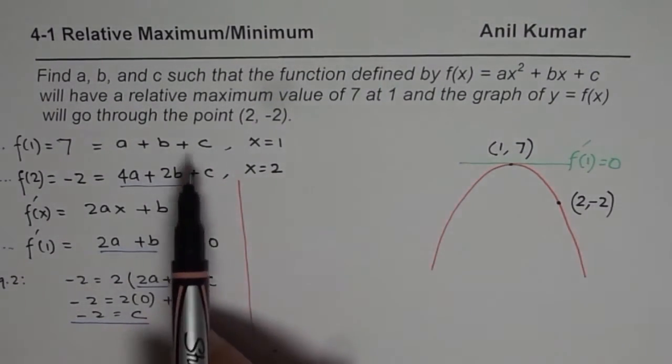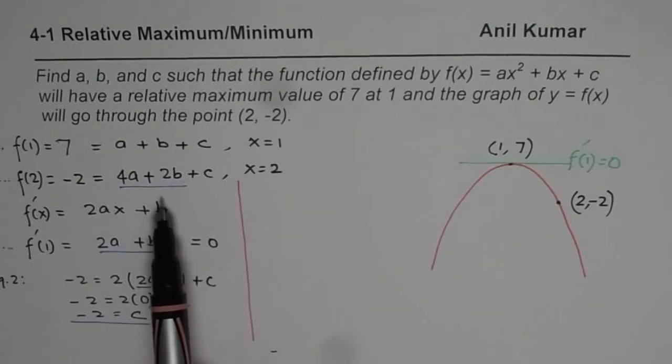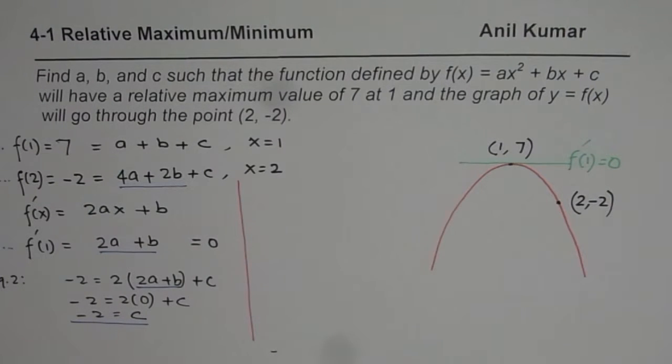That is the first unknown. Once you know what c is, you can rewrite your equations and then solve for a and b. So we have two equations already.